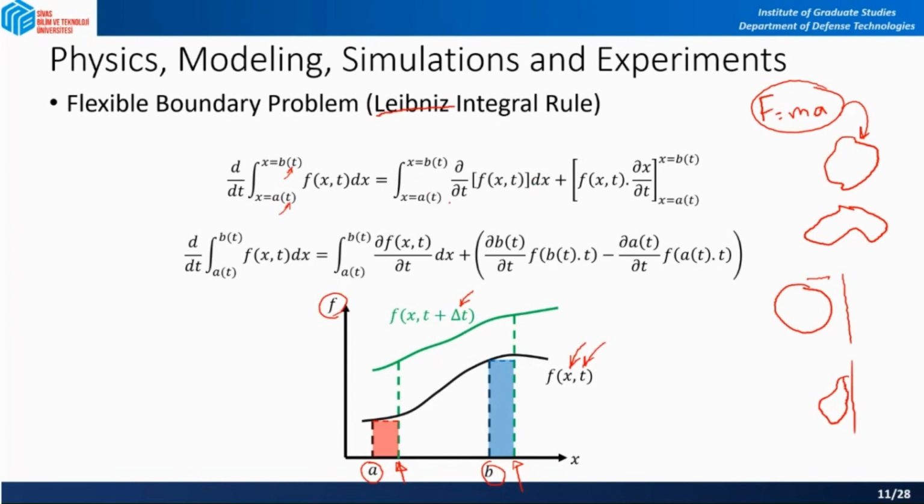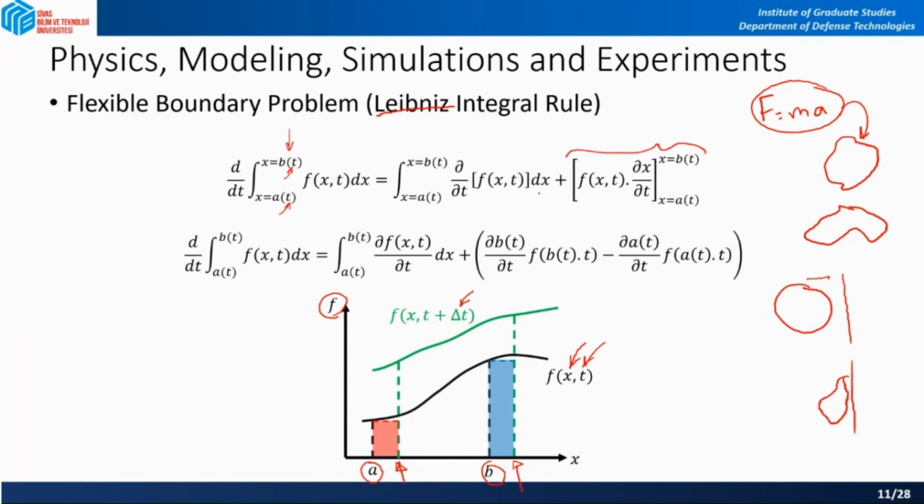First of all, you have to consider the change of the function through time, and also you have to consider the change of boundaries through time. So if you want to do an integration of a system which has time varying boundaries, as in here, you may use this Leibniz integral rule.